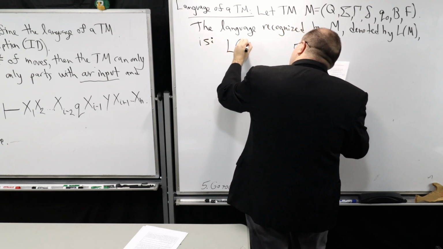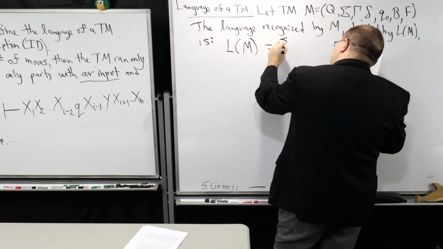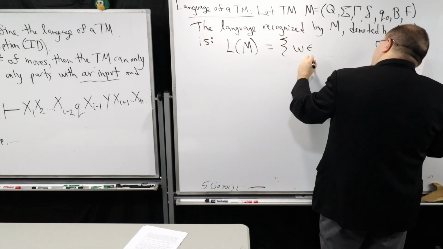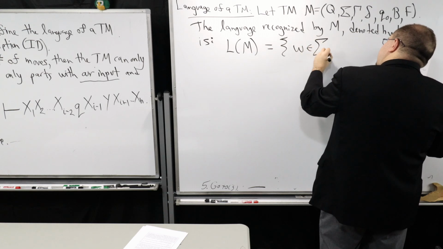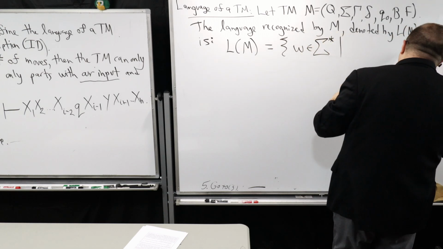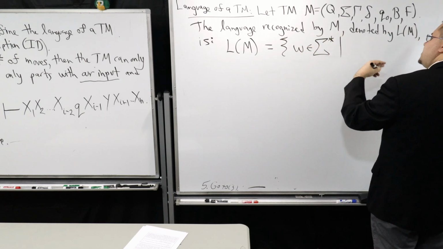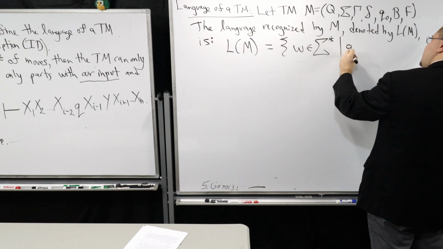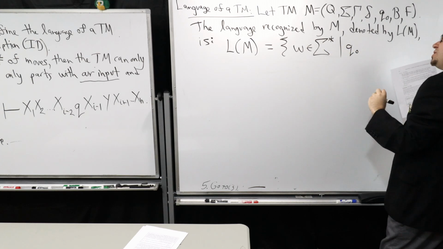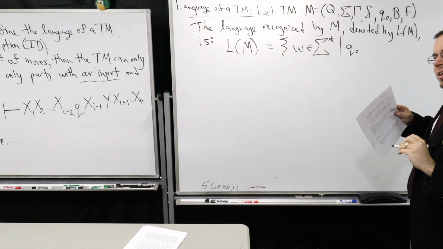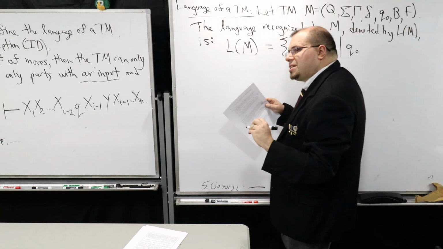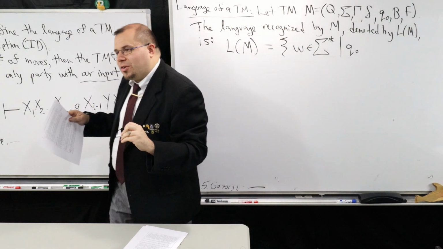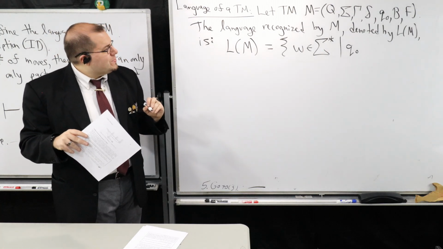L of M is going to be equal to the following. If I give you some input w consisting of input symbols, here's how I'm going to describe it. Remember, when the Turing machine starts up, it's sitting at the leftmost tape symbol of our input, correct?